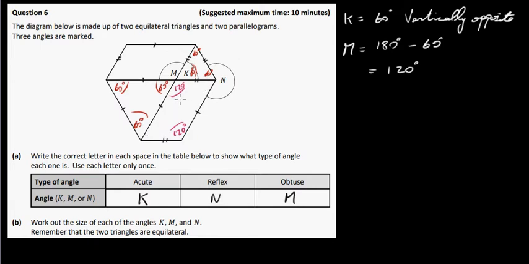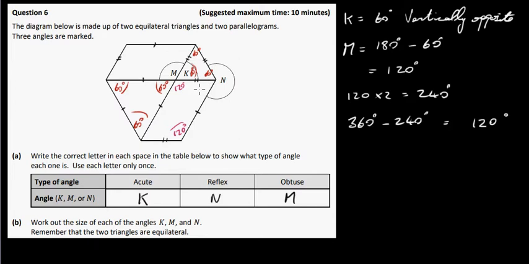So if we add these two angles up together, 120 times 2 is 240 degrees. The other two angles are equal, so all four angles of a parallelogram add up to 360. So 360 degrees minus 240 gives me 120 degrees.